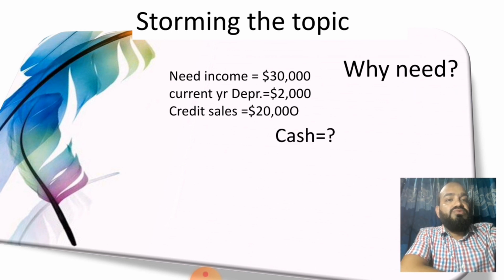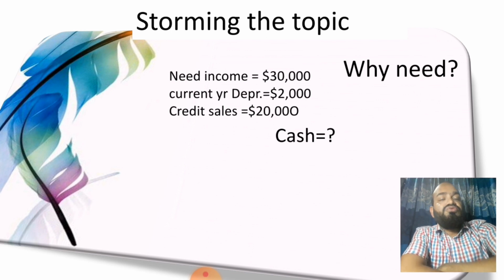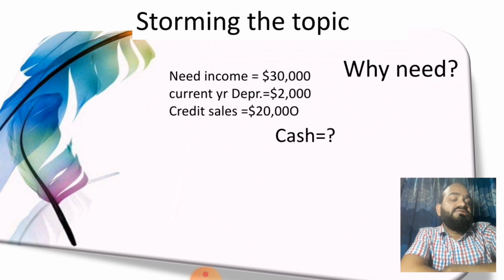And assume your company needs to buy a machine by cash. Is it possible for the company to purchase a machine with this net income $30,000 by cash? We don't know. So for knowing this information, we need to prepare cash flow statement.